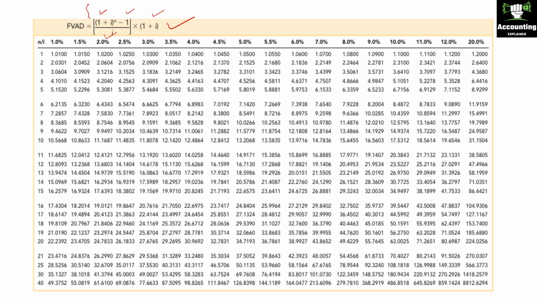We know that rows are n and columns are I. We look at 5% for 7 years. So it matches here. The interest factor which we take is 8.5491.